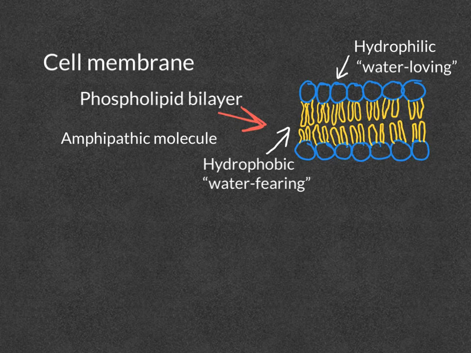Because of this orientation that comes about with both these molecules being amphipathic, the hydrophilic regions of the proteins can interact with water in the cytosol as well as in the extracellular fluid, so within the cell and outside of the cell, while their hydrophobic parts, those parts that fear water, can orient with the non-aqueous environment within the phospholipid bilayer.